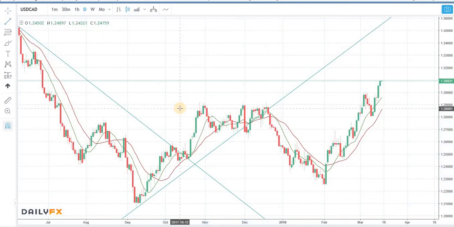Okay, set up another trend line. And as you can see, price crossed over the downtrend line and is going up.